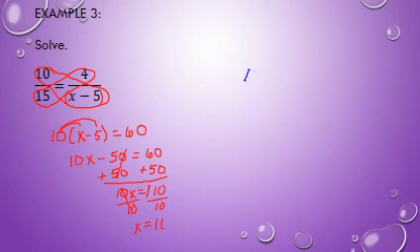We would have 10 over 15, and we're going to see, is it equal to 4 over, and now we're going to use the substitution method. The x is 11 minus 5. So that would give us 10 over 15.